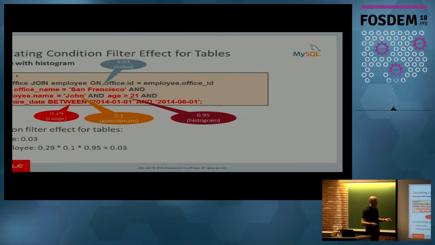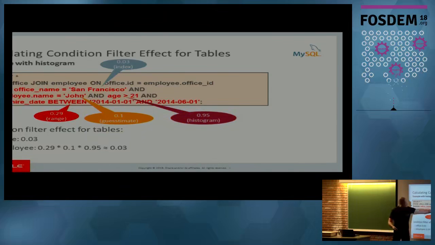And then if you add histograms here, you see that 1/3 for age greater than 21 for employees is probably not a very good estimate. But since an optimizer does not know what the word employee or age mean, it needs something to guide it, and that's the histograms in this case.